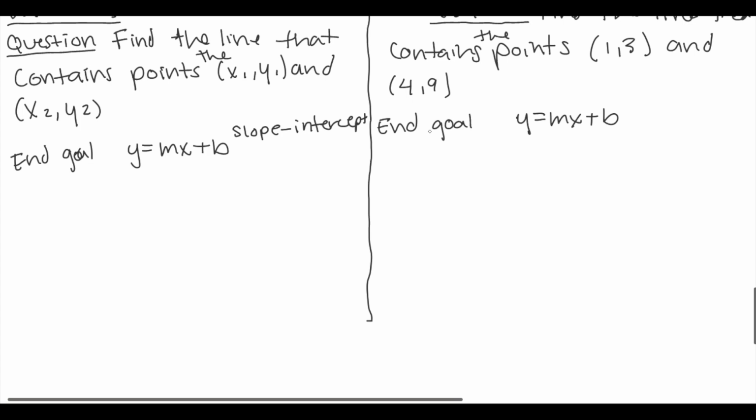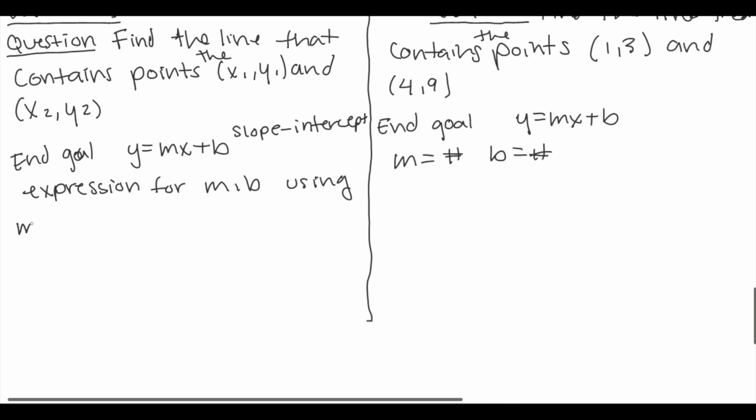Over here, m is some number and b is some number. And then over here, we want expressions for m and b, using m, b, x1, y1, x2, and y2. The expression for m will be m equals, using these variables.